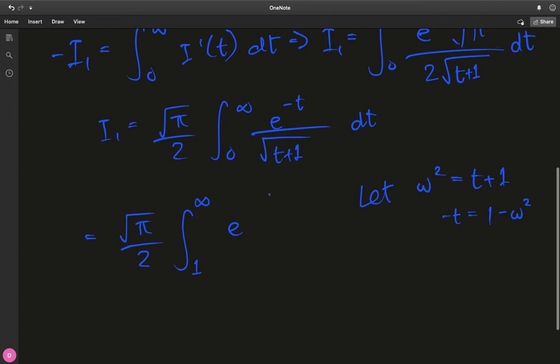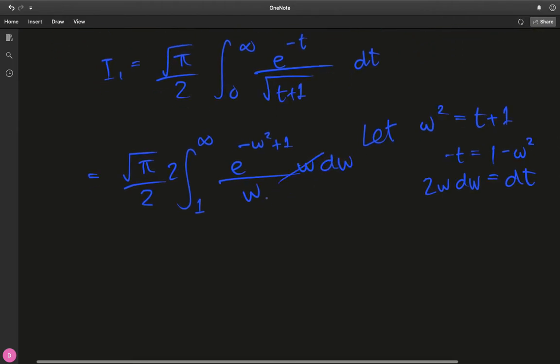So minus w squared plus 1 on top divided by square root of t plus 1 is just a normal w, and 2w dw is basically dt. So dt is 2 times w dw.